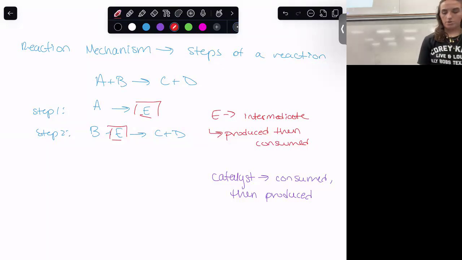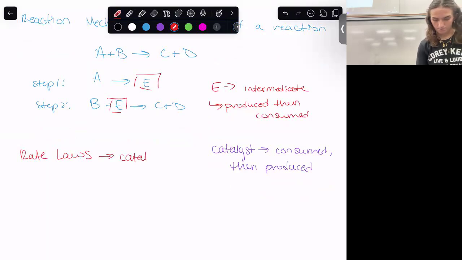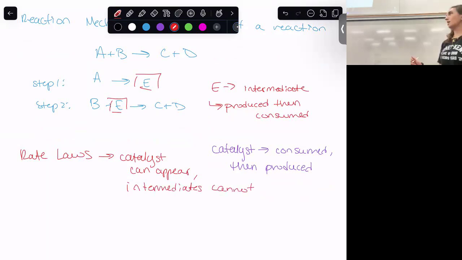When we talk about rate laws, catalysts can appear. Intermediates cannot. You cannot have an intermediate in a rate law, but you can have a catalyst. Do you mean rate law?